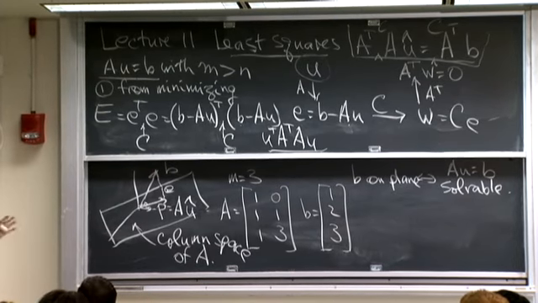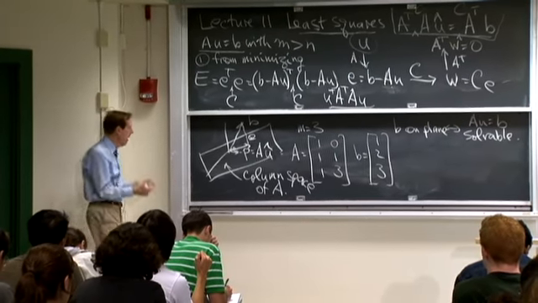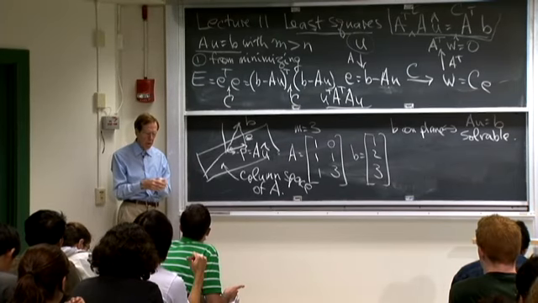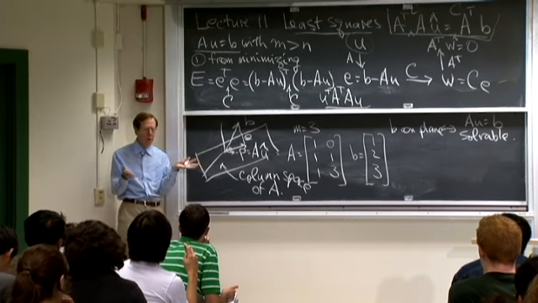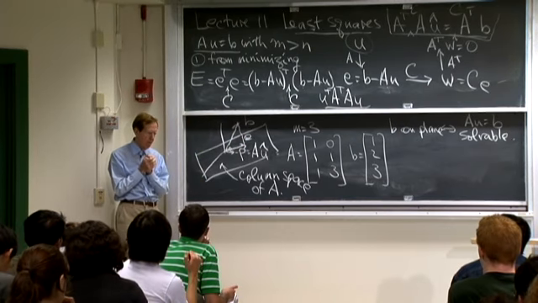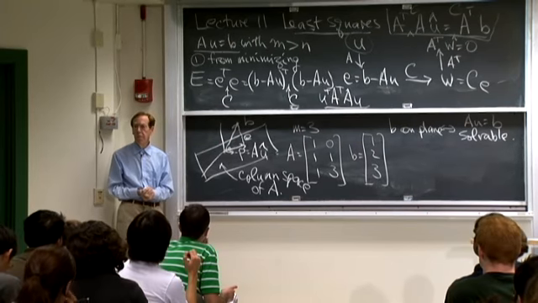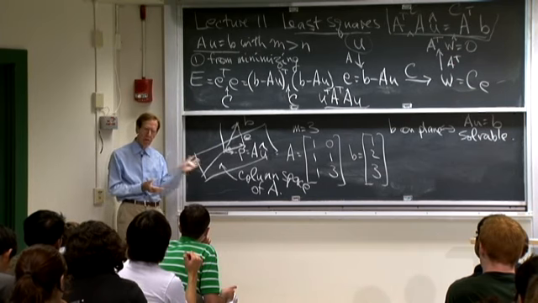And so what's the key fact? What's the key fact in this picture that's going to lead me to an equation for P and E and U hat and everything? The key fact is that dotted line is perpendicular to the plane.